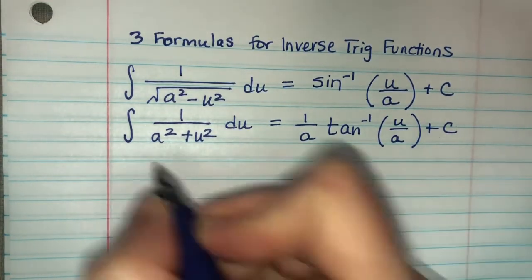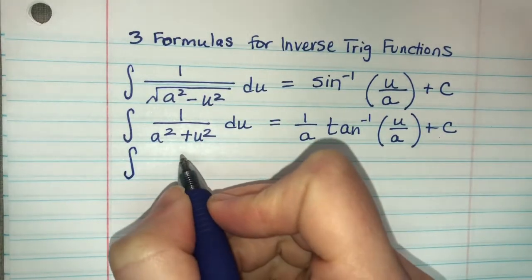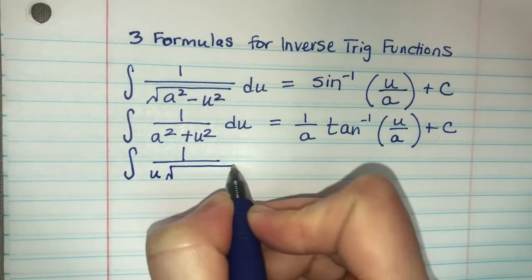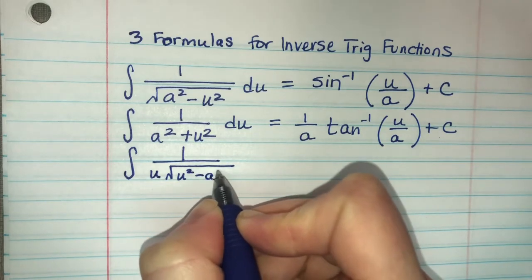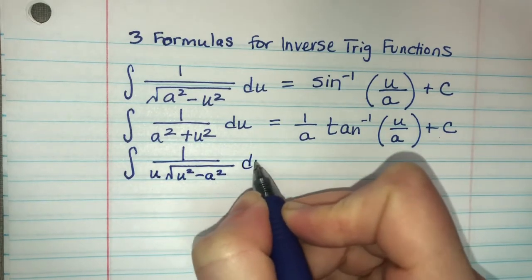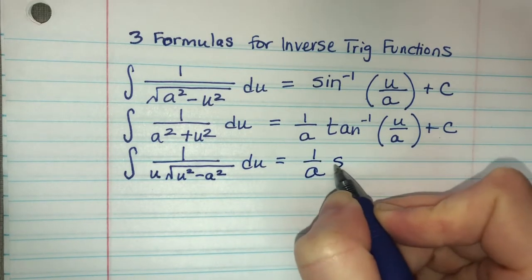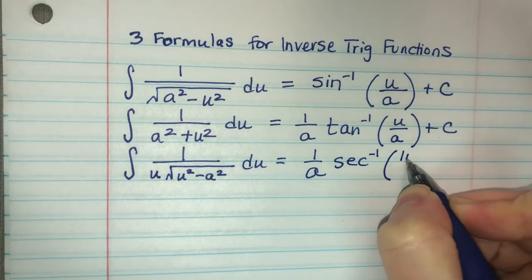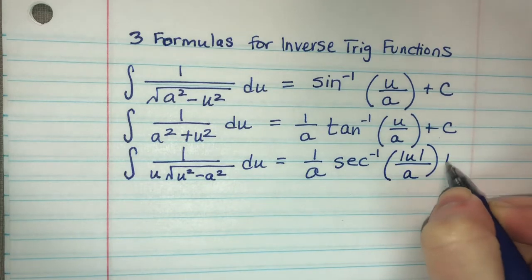Okay, one last formula to add. The integral of 1 over u times the square root of u squared minus a squared du. And so this is equal to 1 over a inverse secant of the absolute value of u over a plus c.